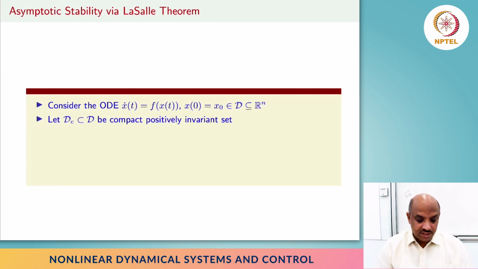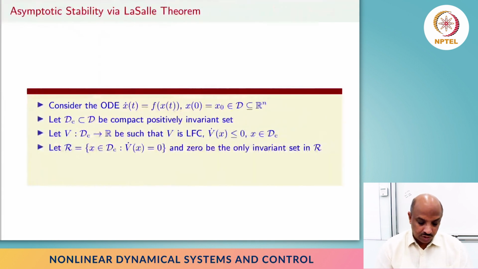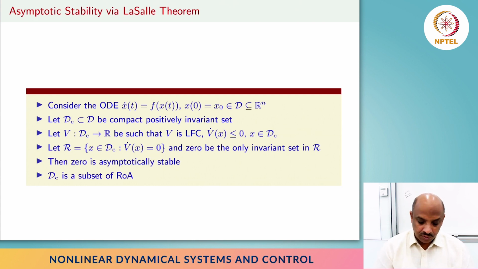So we will summarize this. Basically, if you have x dot equals f of x, and D is a compact invariant set, and V is in this particular case a Lyapunov function candidate, with V dot less than or equal to 0, then the conclusion is, if R is given by this and 0 is the only invariant set, then 0 is asymptotically stable. One of the things that I forgot to mention is that f of 0 has to be 0. Otherwise, we cannot even conclude any of these things.